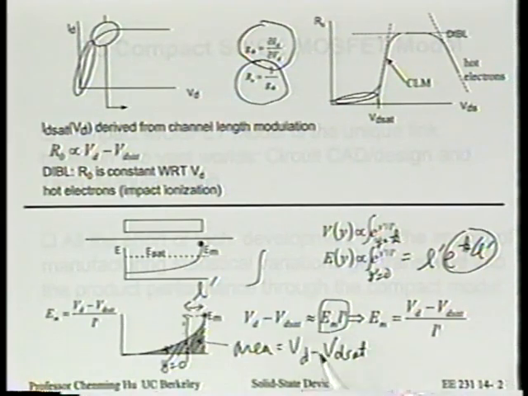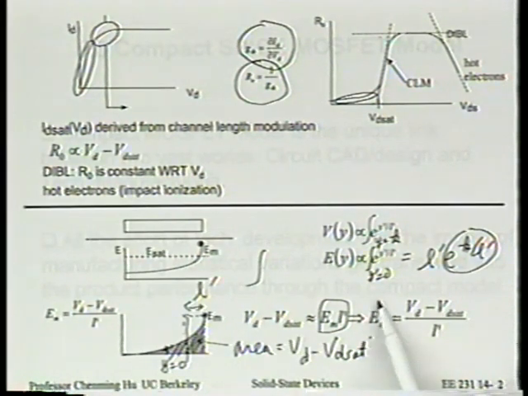Okay? So I'm just using this fact here. I'm not deriving anything for you. So if you actually carry out this integration, you get EM times L prime. But earlier we said that area should also be equal to VD minus VD set. So you put these two together, you get EM equal to VD minus VD set over L prime. Now, that's a very simple and very useful result.